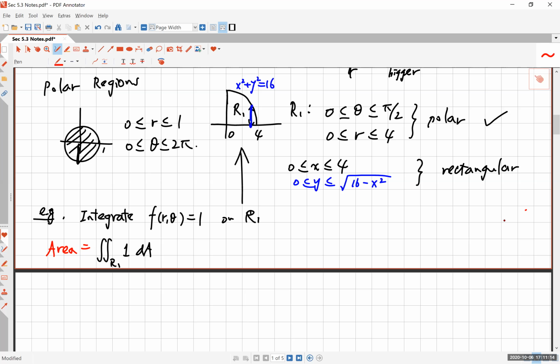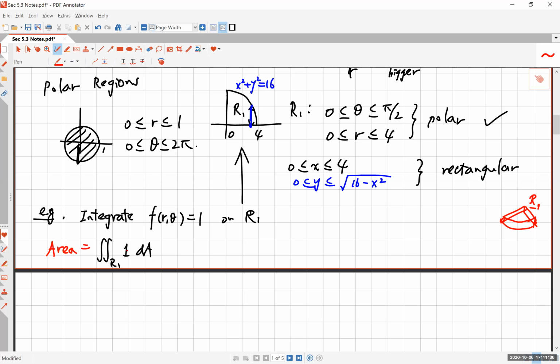You remember we talked about if you have a quarter circle here, basically you're trying to integrate a solid whose thickness is 1 over this region R1. That's one way to think about this. That's the 1 inch thick steak I was referring to. The volume of that is certainly this, but it's also the area, right?